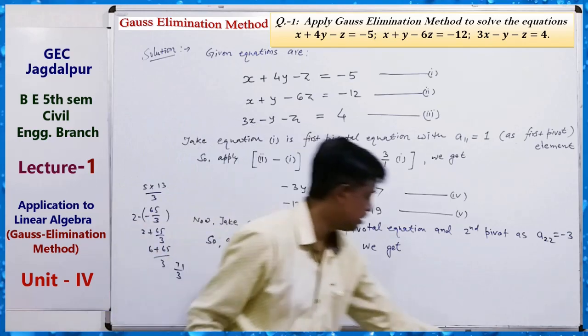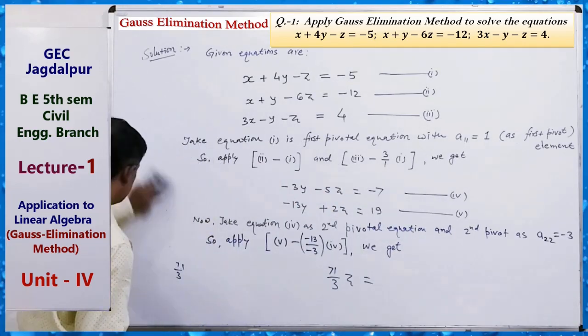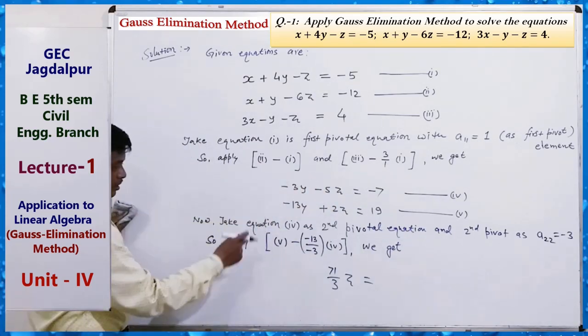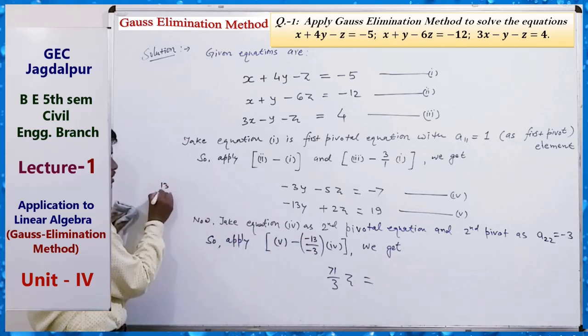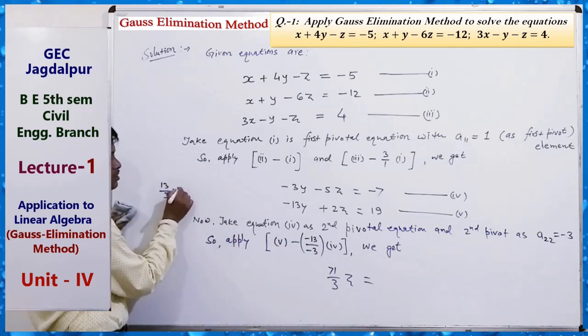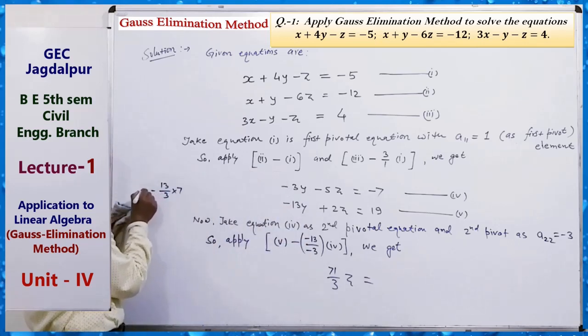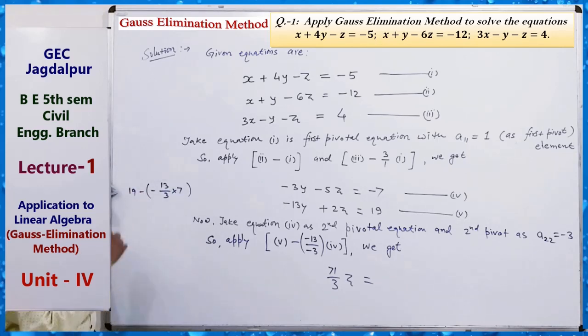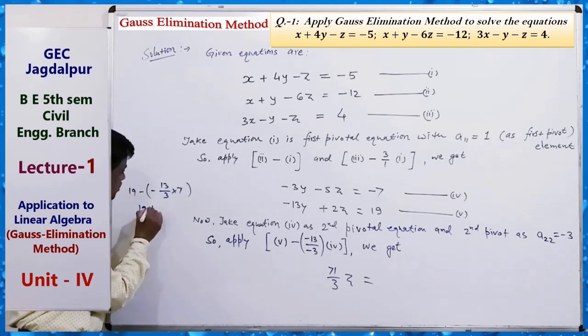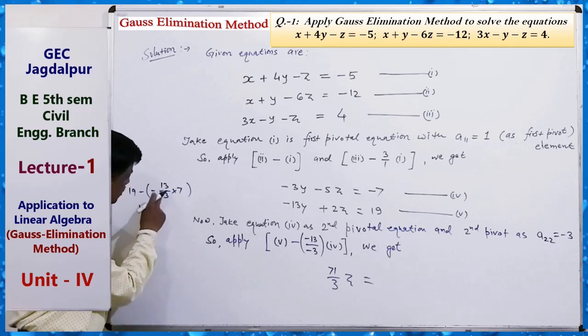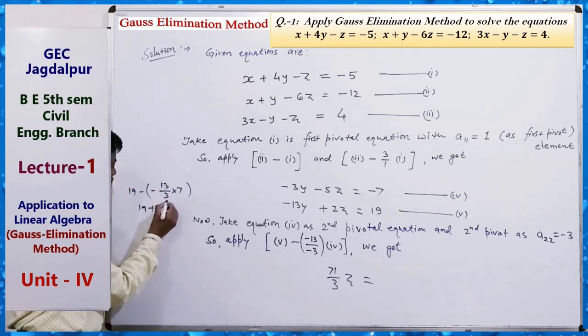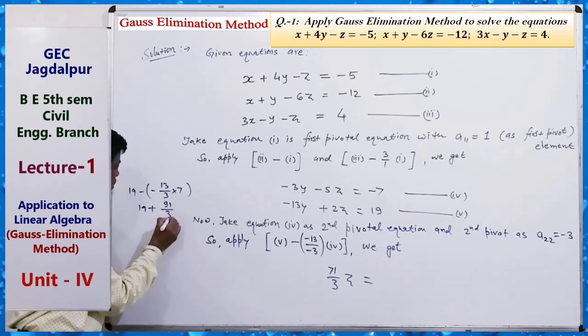Just do it also with this element. How? 13 by 3 into 7. Minus plus minus. And this is subtracted from 19. Subtracted from 19. Minus is plus. So 19 plus 91 by 3.